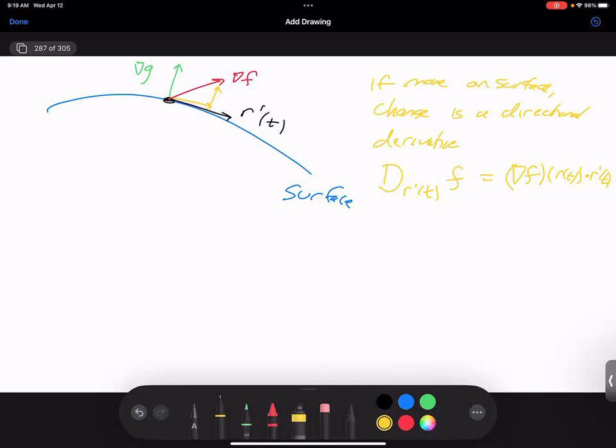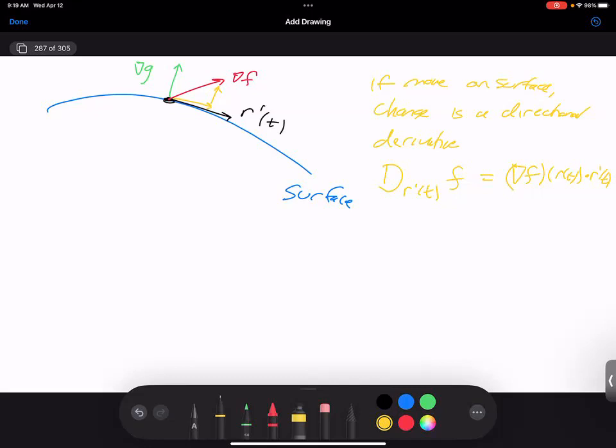So notice that if my function has the gradient of f that is entirely in the direction of the gradient of g, then there's nothing that's in any direction I can move. Oh, and that means all the directional derivatives will be 0. And that's a candidate.